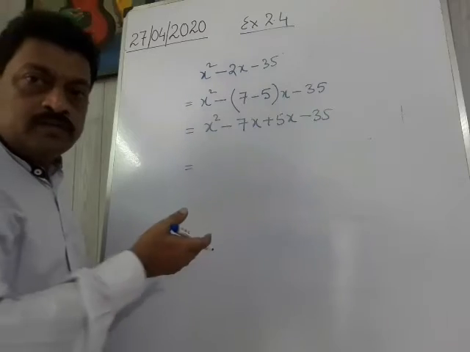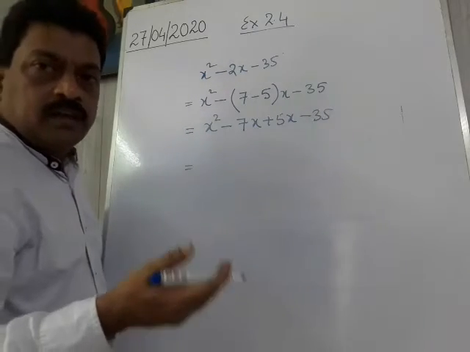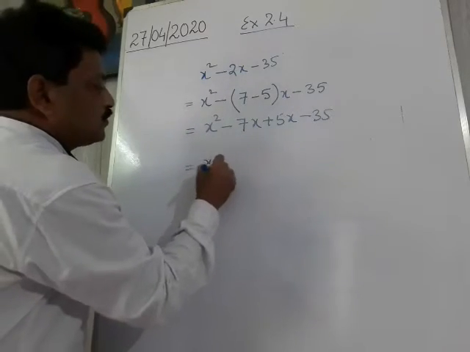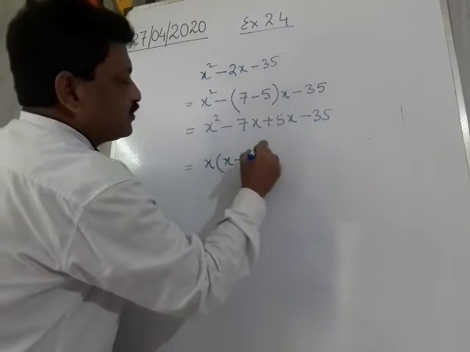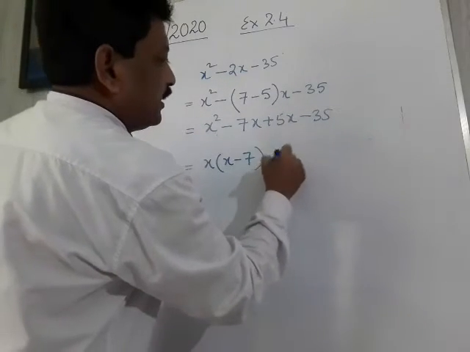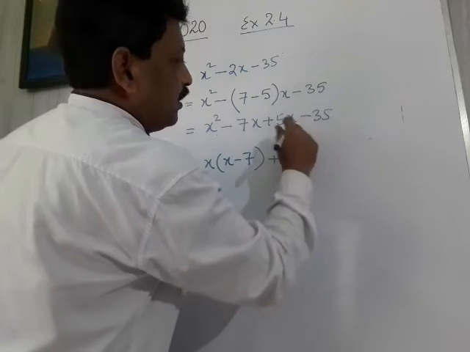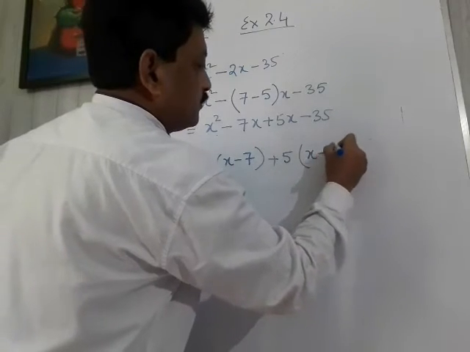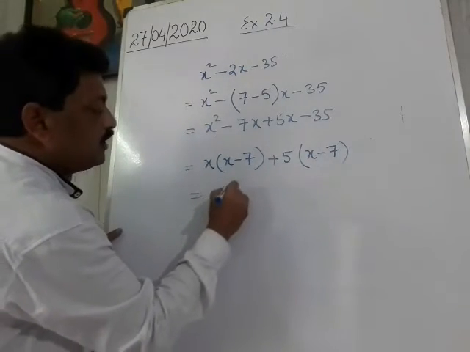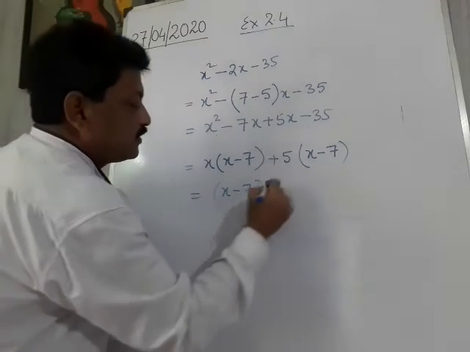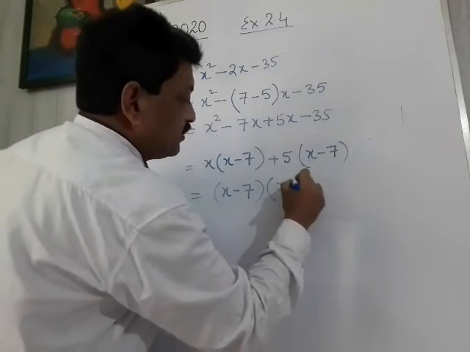Actually we have done this way in class 8 and 9 also. So x will be a common factor of the first two terms, and here 5 will be a common factor of the next two terms. So you can see we have got two factors of the quotient.